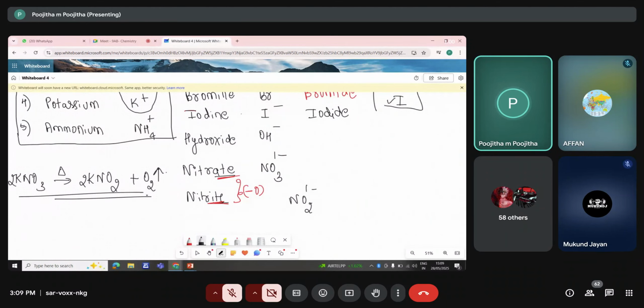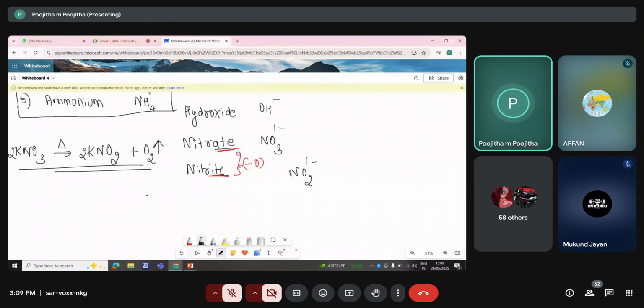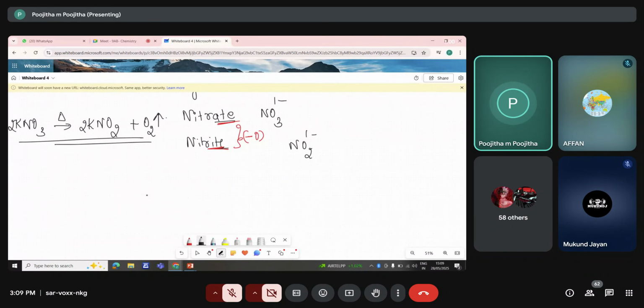Now children, there are a lot of radicals like carbonate, bicarbonate, sulfate, bisulfate. To make bicarbonate easy, first I'm writing a few with valency 2 here. Carbonate radical: CO3 2 minus is carbonate.